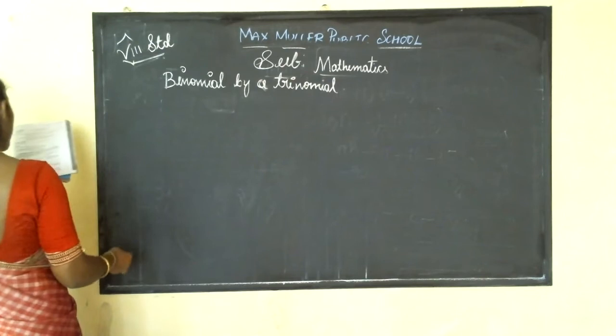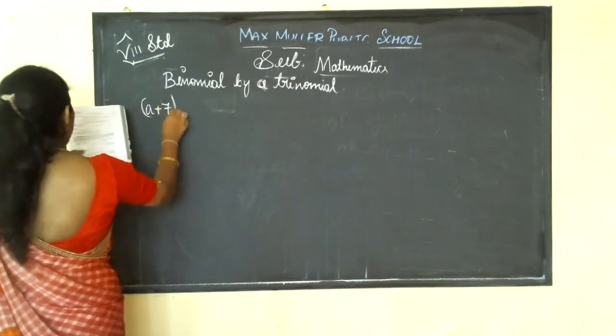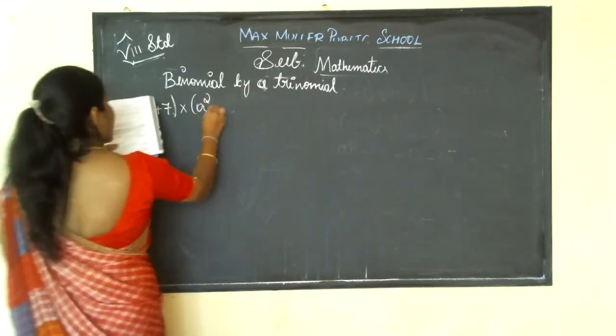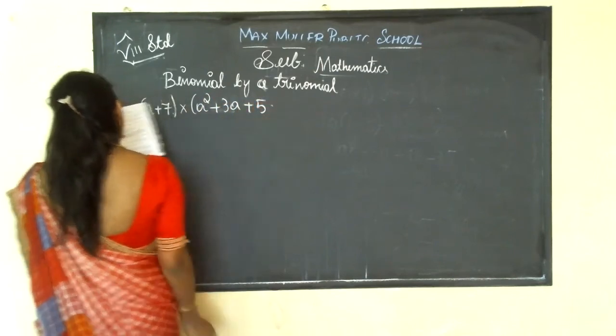What is this actually? See, your problem is like this: a plus 7 into a square plus 3a plus 5. Okay.